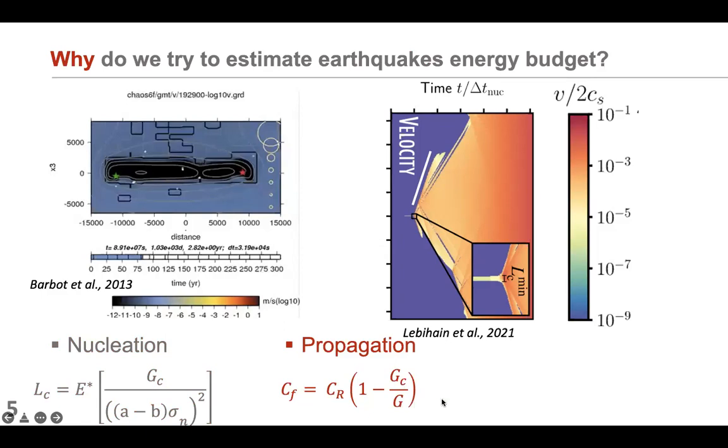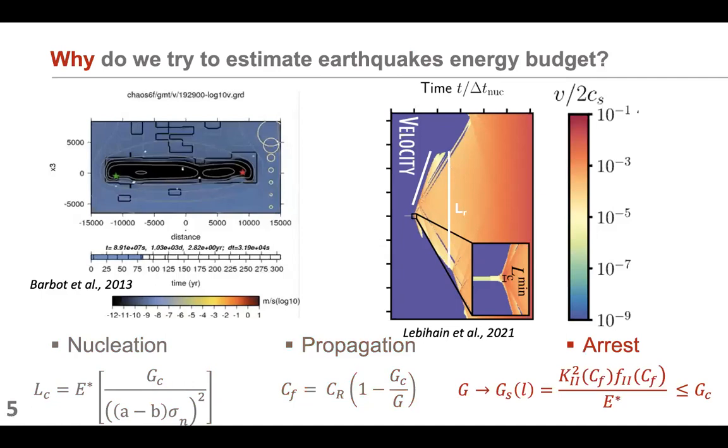The last parameter that we can estimate is the final rupture length, because we know by definition that the rupture will propagate as long as the energy release rate, which is really the energy released at the rupture tip, remains larger than the fracture energy, allowing the rupture to propagate along the fault. If this energy release rate is lower than the critical fracture energy, the rupture will stop along the fault.